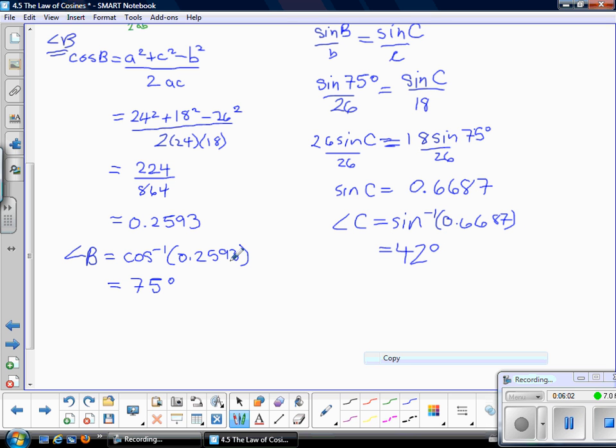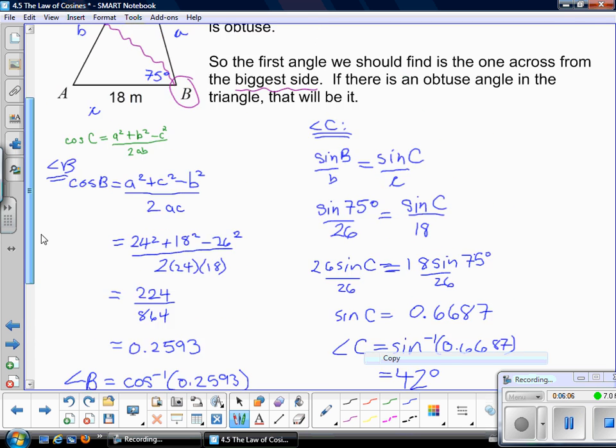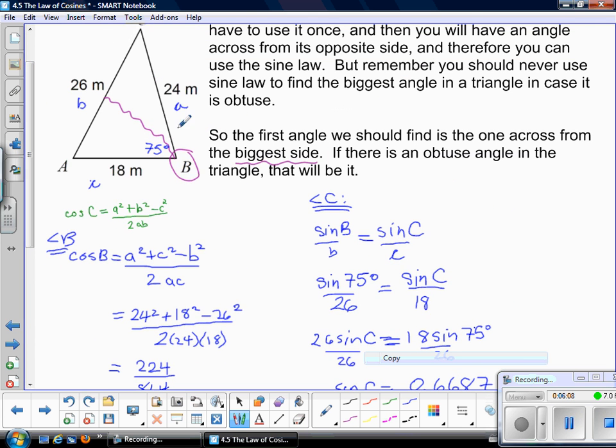So now I have 2 angles in the triangle found. So I know that one, and I know this one is 42 because we just found it.